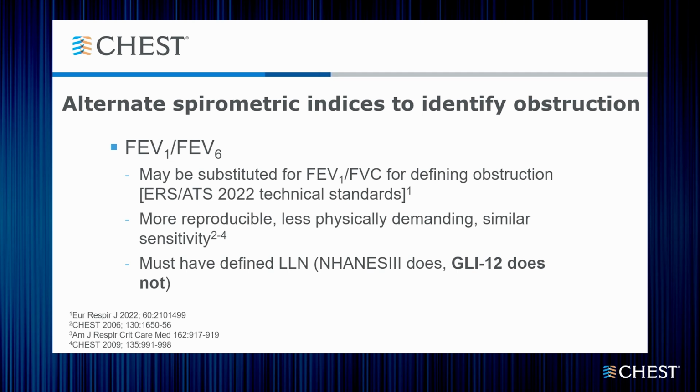But you have to have defined lower limit of normal. So remember, NHANES 3, we did have a lower limit of normal for FEV1, FEV6, but GLI 12 does not. So if you use the GLI equations, which are currently recommended, you do not have a lower limit of normal.